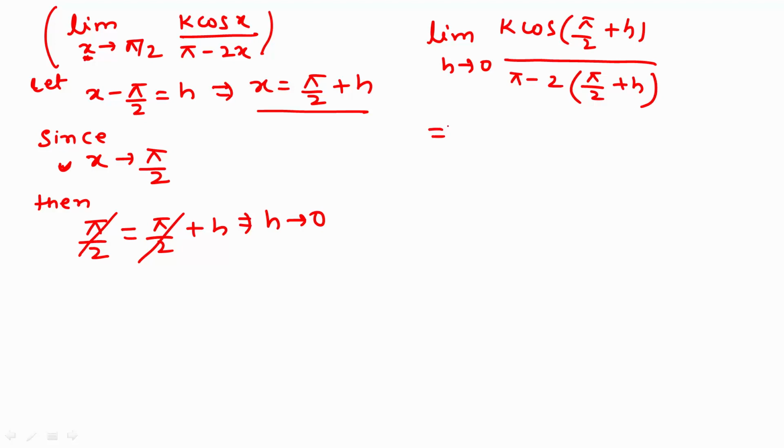This will be equal to limit h tending to 0 of k, and cos of 90 plus theta is equal to minus sin theta. So minus sign here, minus k sin h upon, here 2 and 2 cancel, pi and pi cancel, and we can write here 2h.